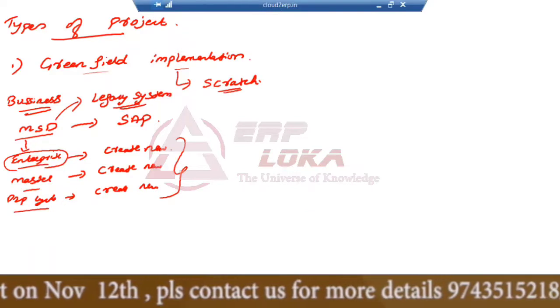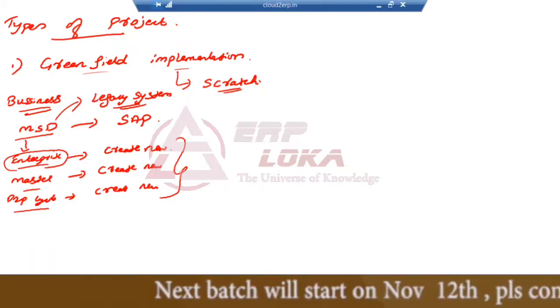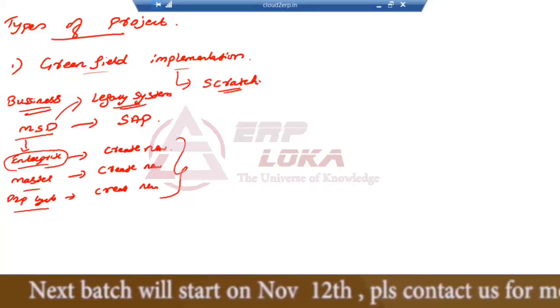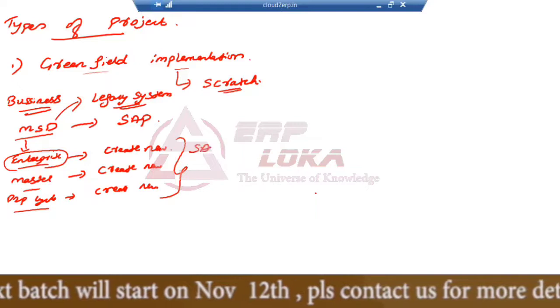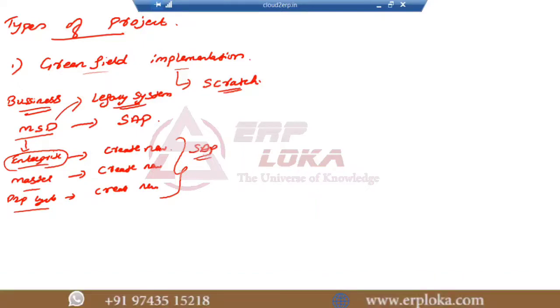Whatever we have in the legacy system, we are going to keep that as a reference, and we are going to create everything new in the SAP system. For enterprise structure, we are going to create it newly. The complete master data, the materials, vendors, customers, employees, and the purchase info record, the list, the service master, all those things you are going to create newly.